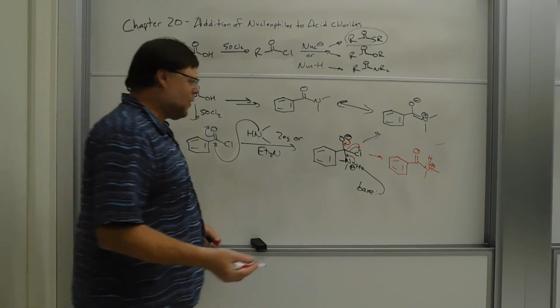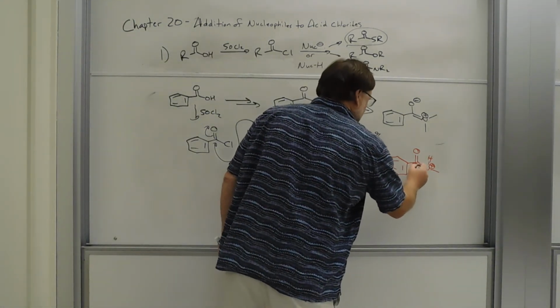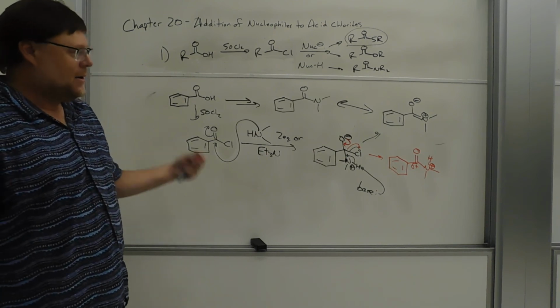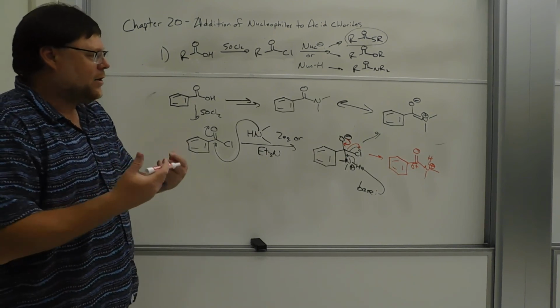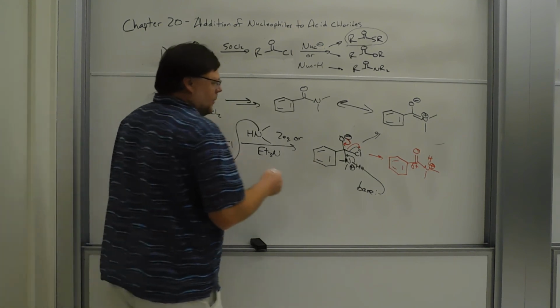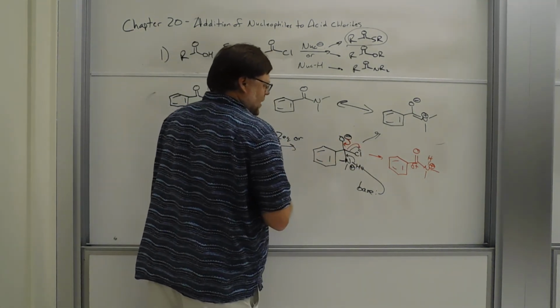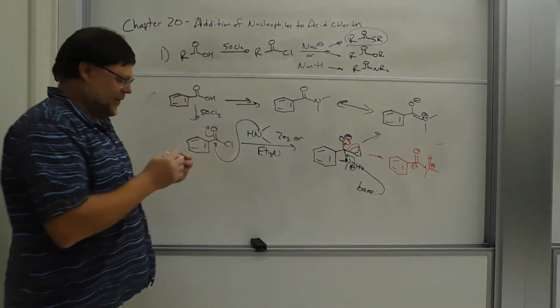That looks fine, right? Why not do that? Well, this carbon is really strongly partial positive. The nitrogen sitting next to it's positive. Like, you don't want those positive atoms together. You just remove this H and kick the chloride out at the same time, and you go straight to the amide. You don't have that really unstable intermediate.